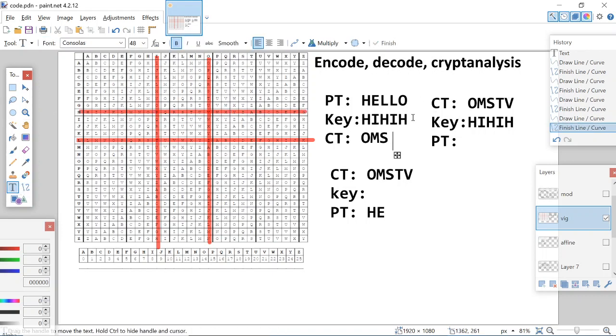So that is the encoded version of this text.